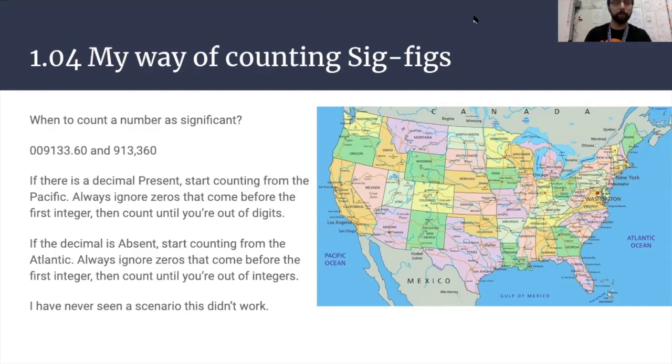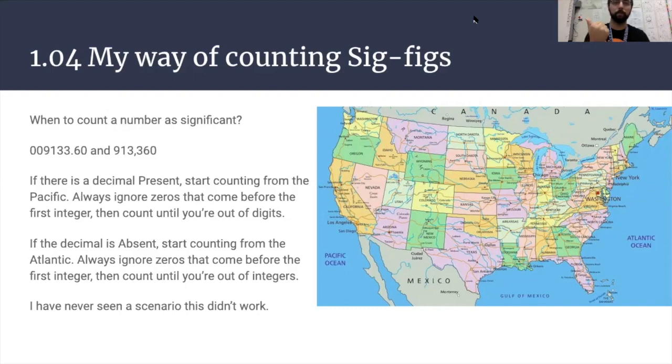So the decimal is present on the first number, 009133.60. So the rule is to always ignore zeros that come before the first integer, then count until you're out of digits when the decimal is present. So let's start from the left. 0, you don't count it. 0, you don't count it.